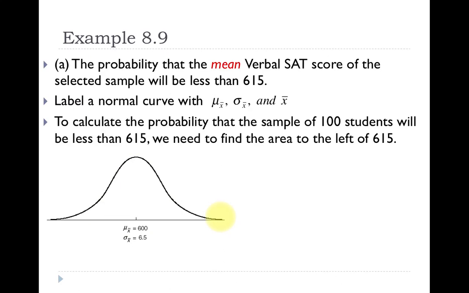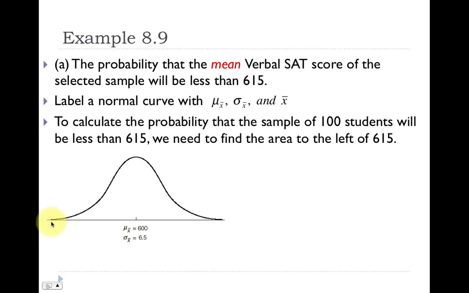Remember that a sampling distribution is a collection of all possible sample means, in this case sample means of size 100, because our sample had size 100. So this bell curve represents 100% of all possible samples of size 100, all the possible sample means of size 100.